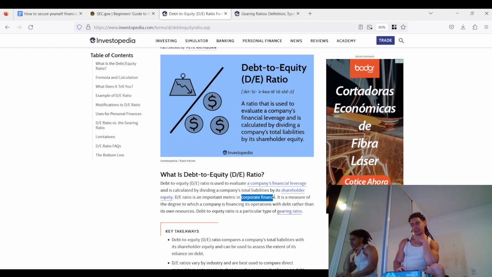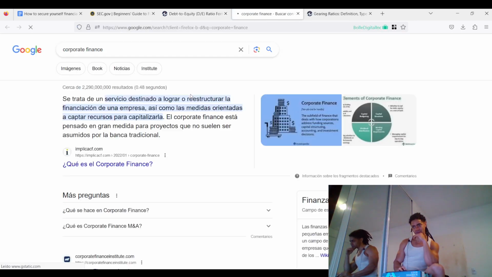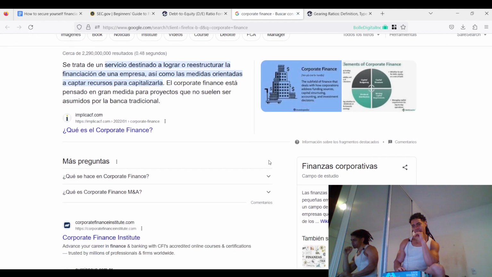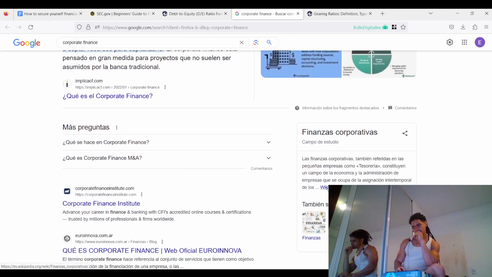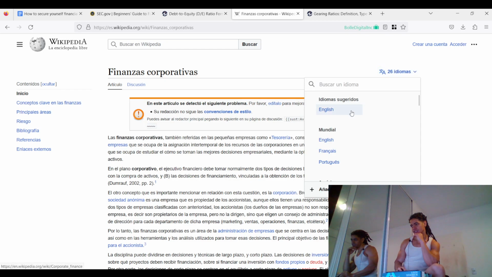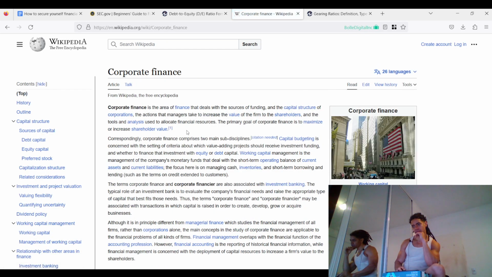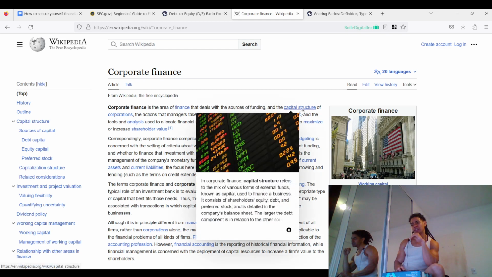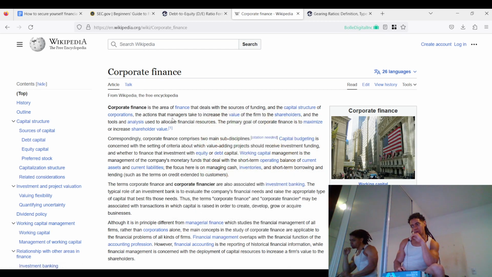Corporate finance, because after all, what they offer is administration. It deals with sources of funding and the capital structure of corporations.